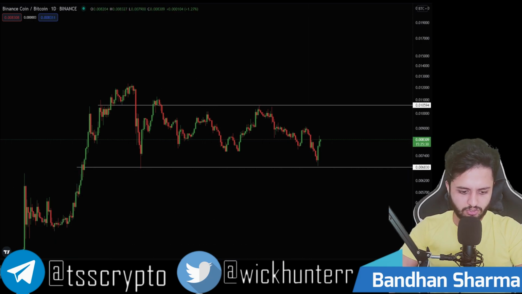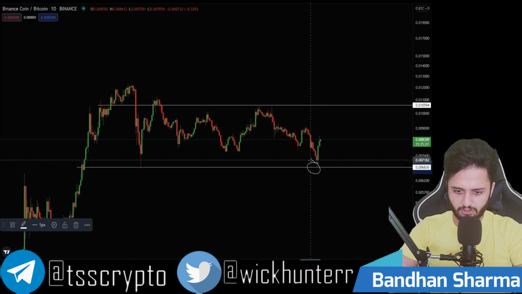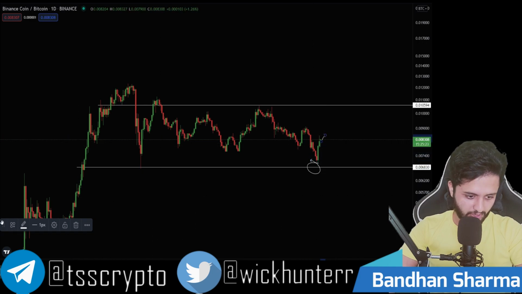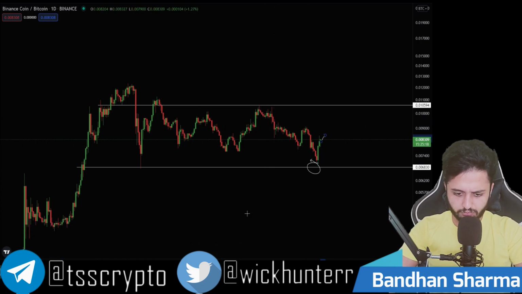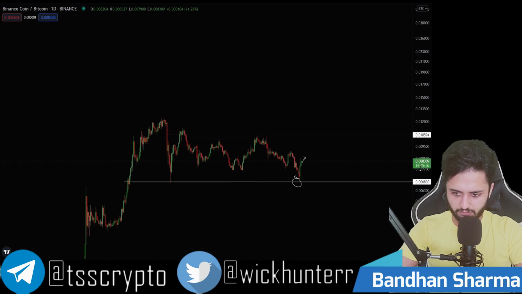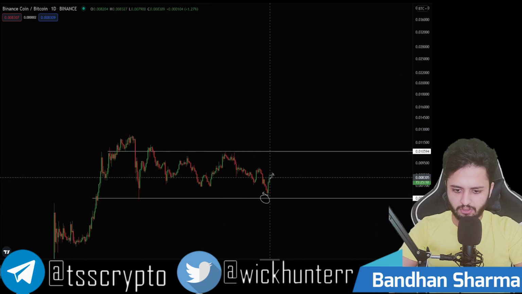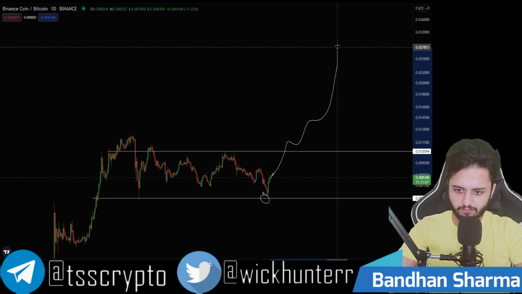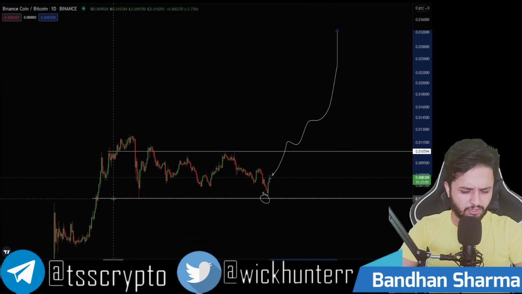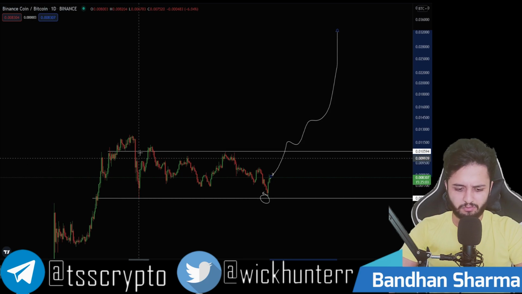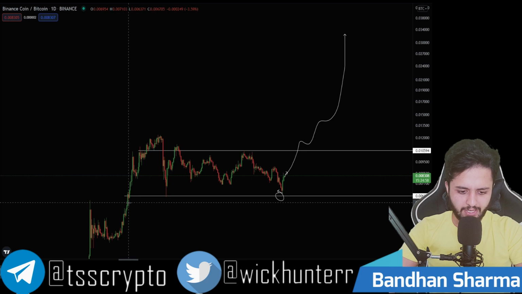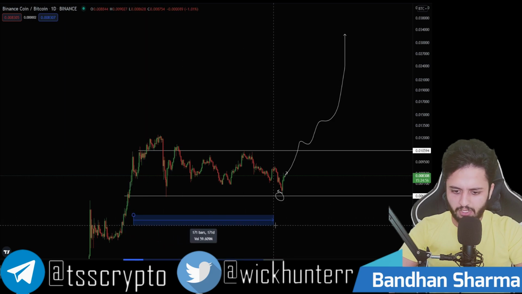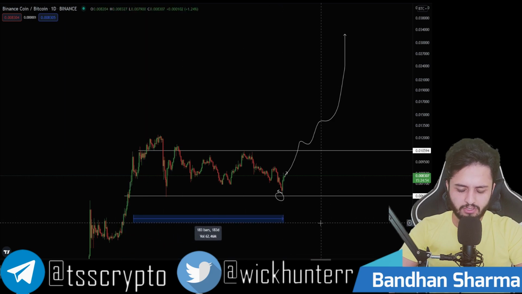It currently just pumped from the low of the range and is going towards the mid range. In the USDT pair BNB is breaking out, and if it breaks this range, we can see a new rally higher, around 100% to 200% minimum, I'm expecting, because for the last 8 months it has been moving in a range.